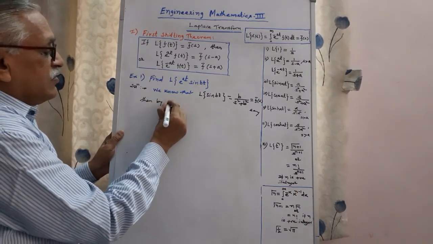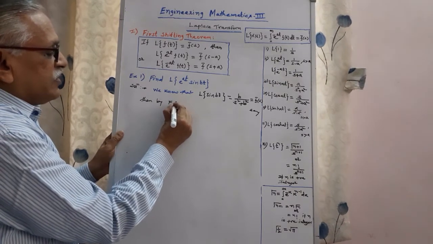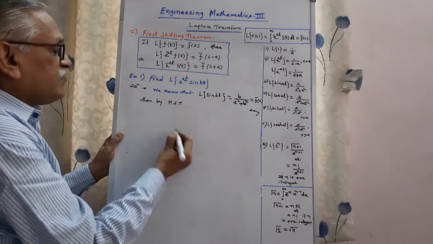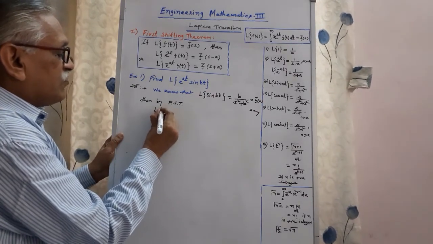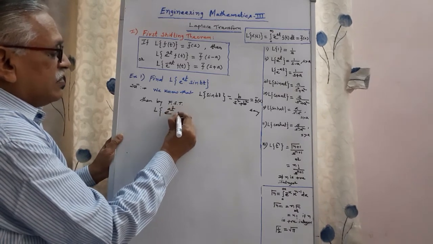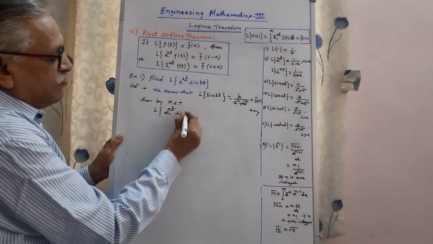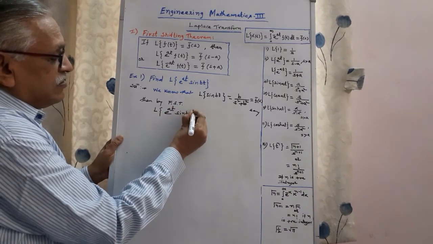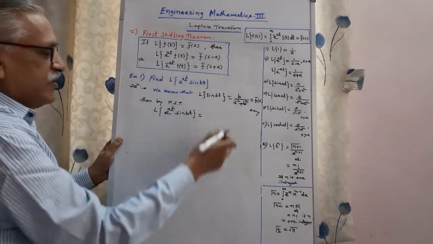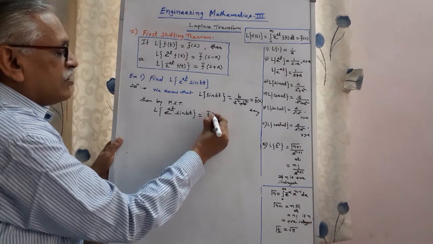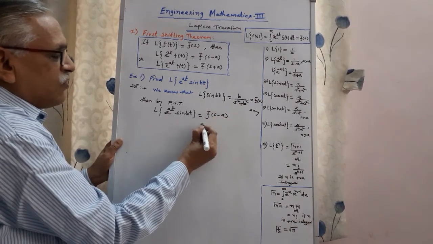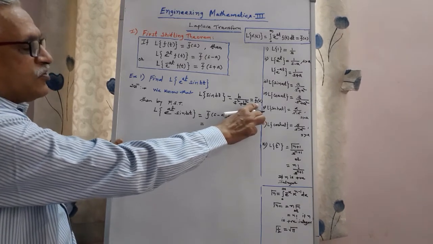by applying the first shifting theorem, Laplace of e raised to at into sin bt, by this theorem it is f bar of s minus a, and its value is obtained with the help of this f bar of s.